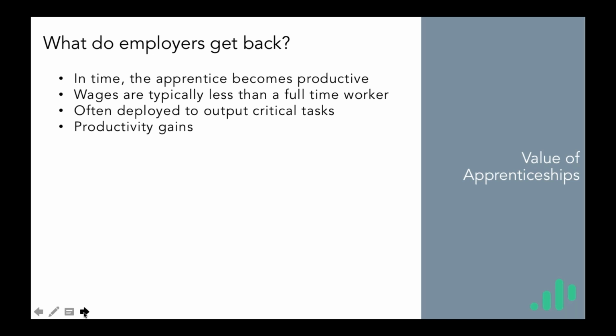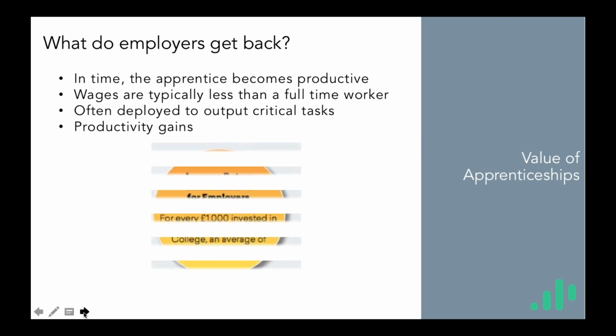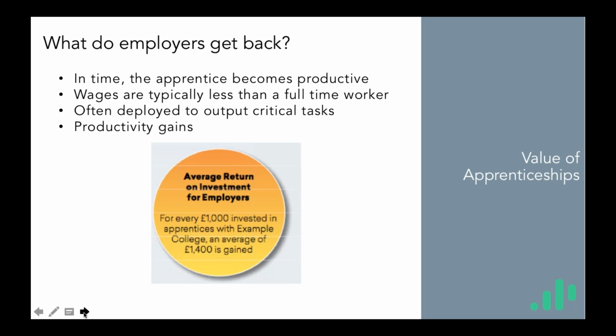Again, that will depend on which sector they're working in. Talk to specific employers, or include in your bids or your response to competitive tenders, specific return on investment figures for your own provision, for your own specific college or your own specific institution. Pretty powerful stuff.